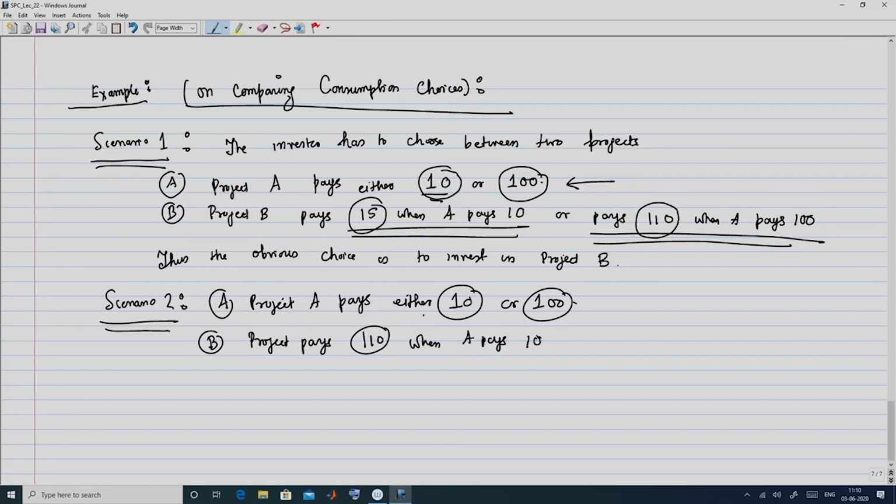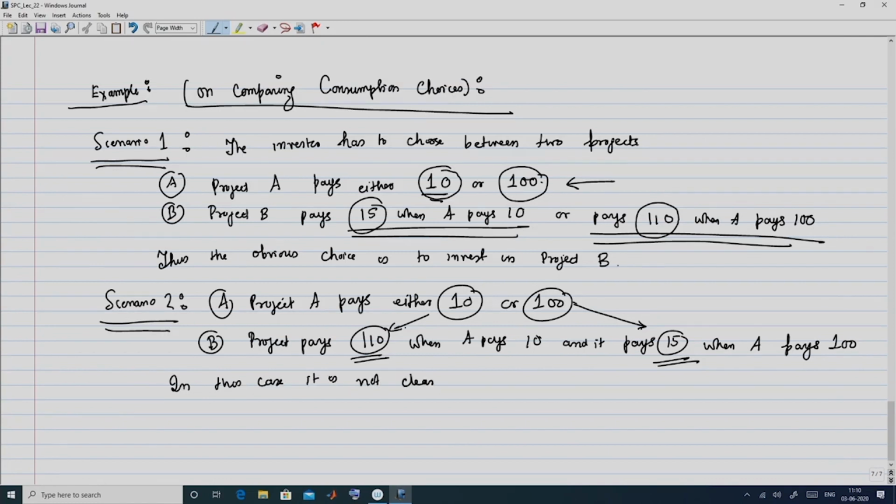So, that means it pays more, and it pays 15 when A pays 100. So, in this case B pays much less. So, under one circumstance B will pay more, in another circumstance B will pay less. Accordingly, in this case it is not clear whether A or B should be the choice.